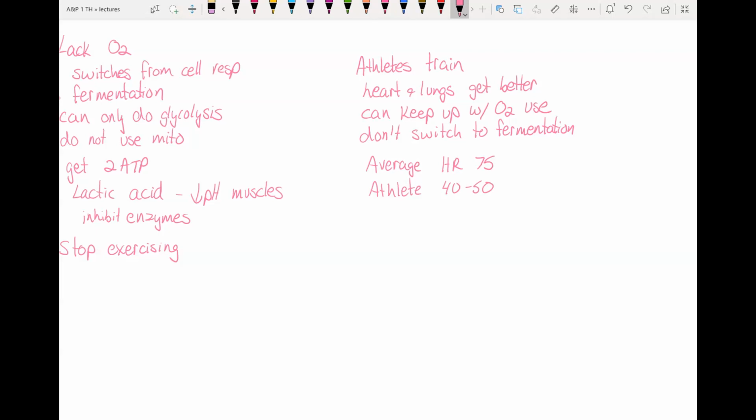That's an indication that their heart is really strong and really healthy and working well, because their heart is so efficient that it doesn't have to beat as much when they're at rest. So an average adult at rest, just to keep up with keeping the body alive, has to beat 75 times a minute. An athlete's heart is so good at sending oxygenated blood that when the athlete is at rest, their heart only has to beat 40 times a minute to keep the body going.